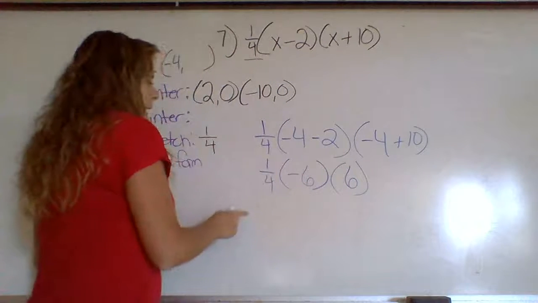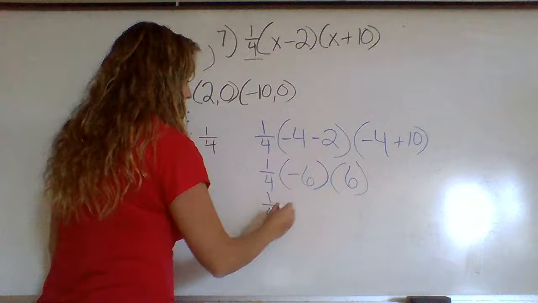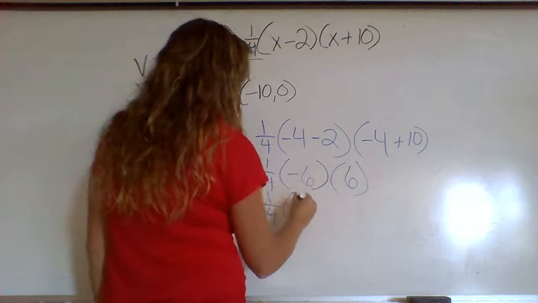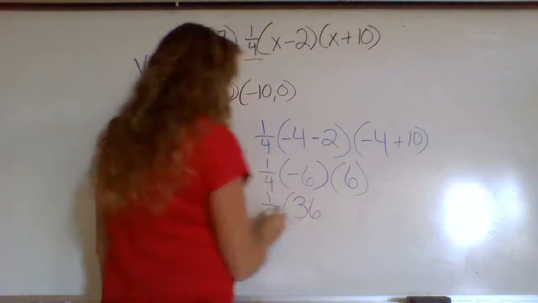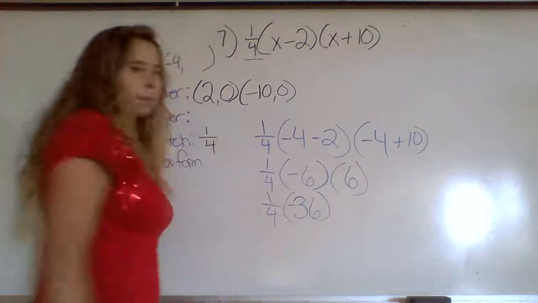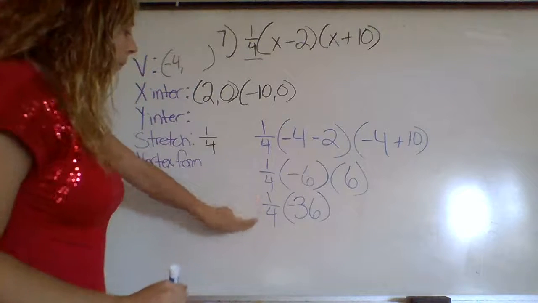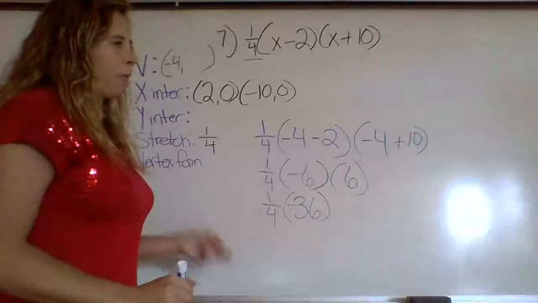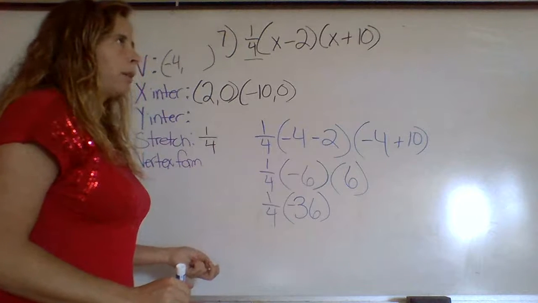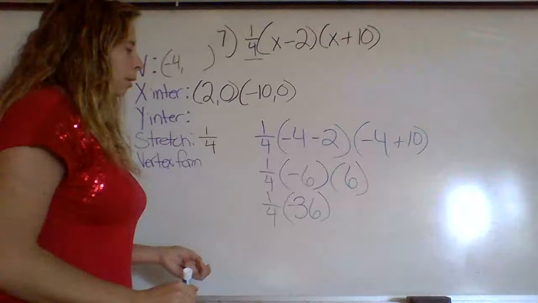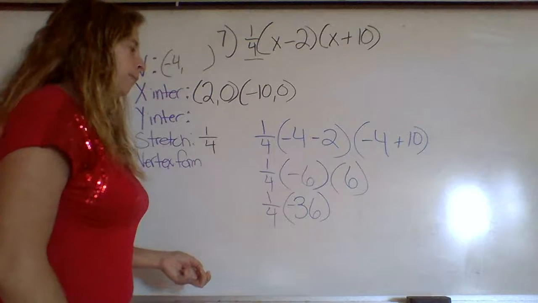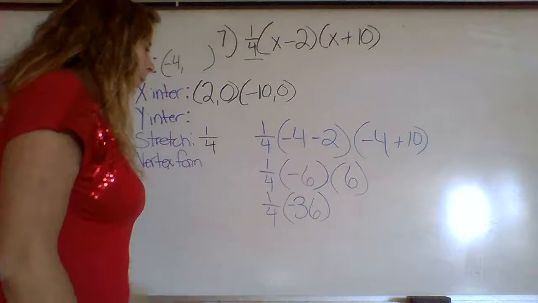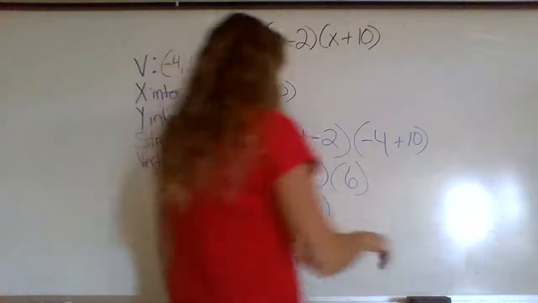All right, 1/4. This is probably not going to work out well. Oh, actually, this will be fine. -6 times 6 is -36. Multiplying by 1/4 is the same thing as dividing by 4. So you can also just multiply it out.